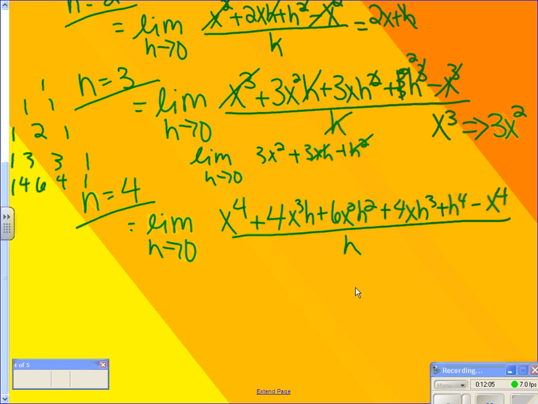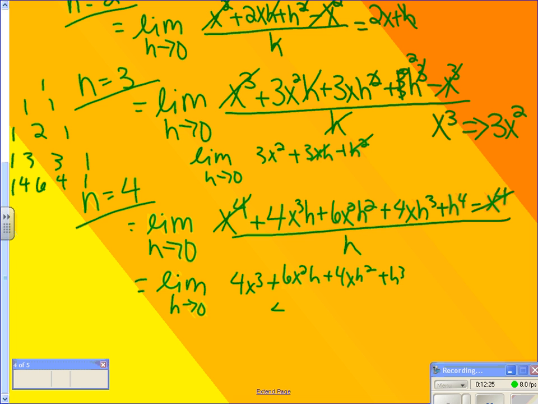What happens? The x to the 4th cancel. You take out an h in each one, and you're left with 4x cubed plus 6x squared h plus 4xh squared plus h cubed. You plug in 0, and you're left with 4x cubed. So x to the 4th equals, or whatever you take. That makes sense? You see a pattern?